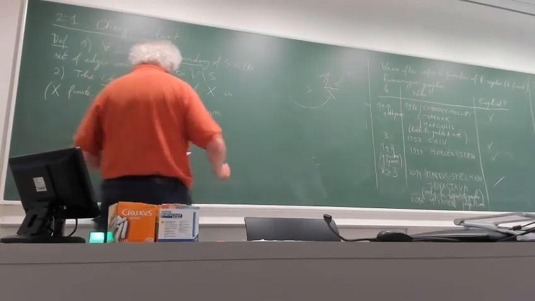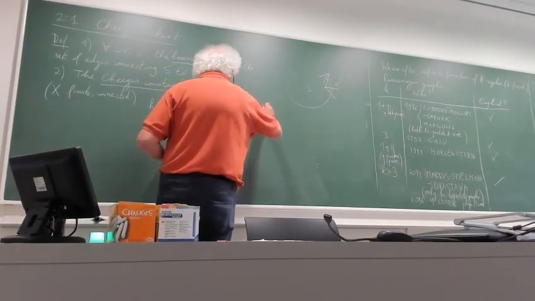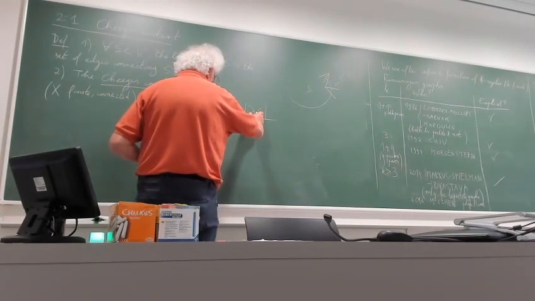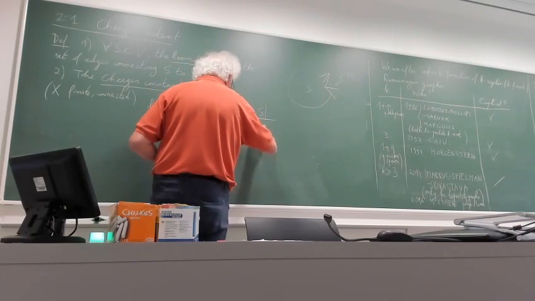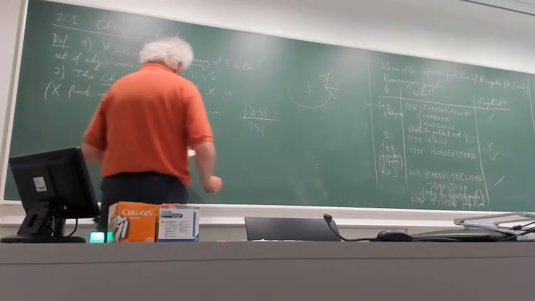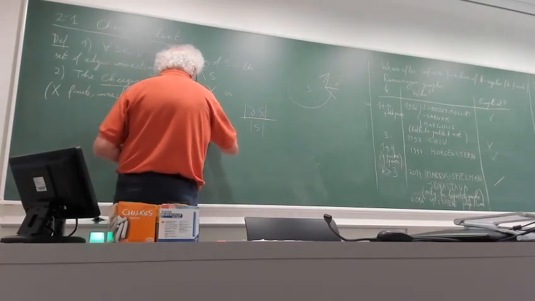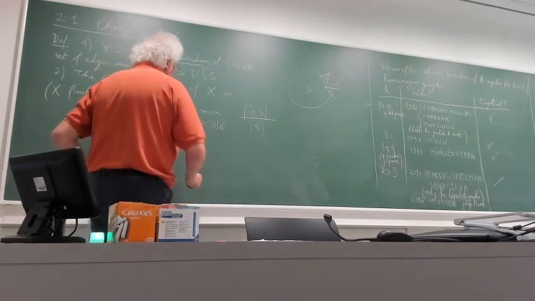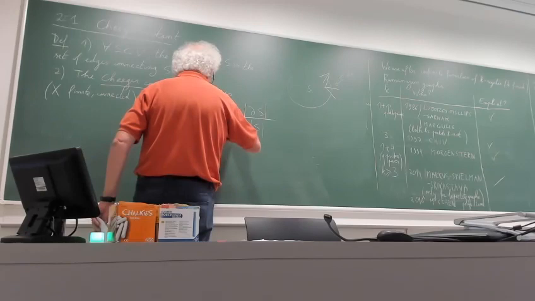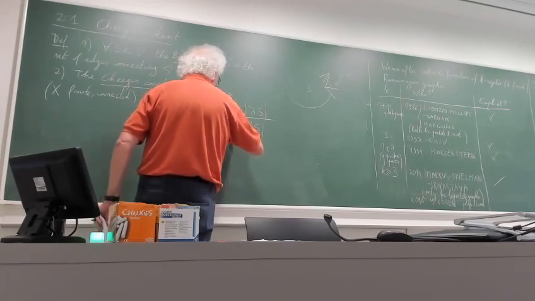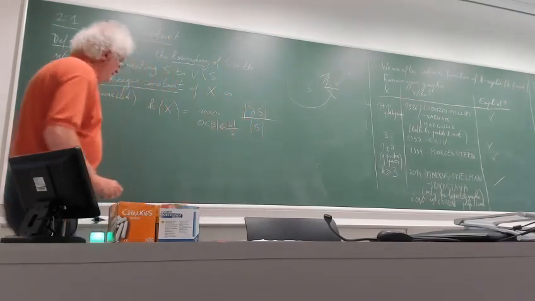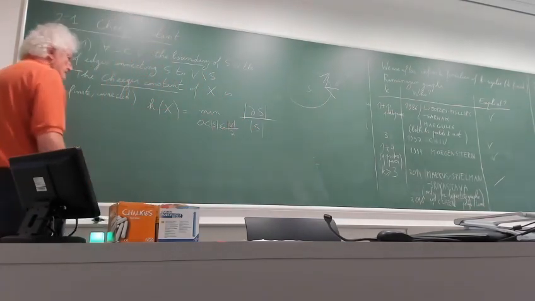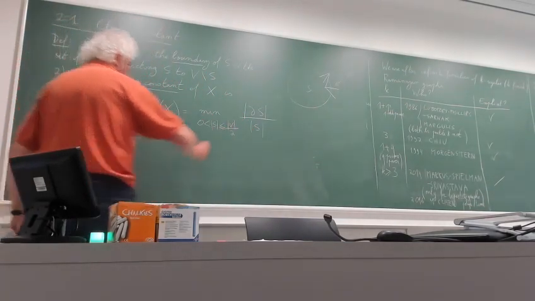And it is the minimum of the ratio between the cardinality of the boundary of S and the cardinality of S. And you take the minimum over all sets which are non-empty, and at the same time not too big, namely they have at most half of the total number of vertices.